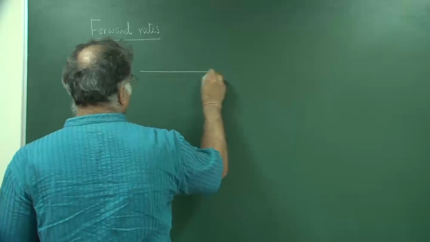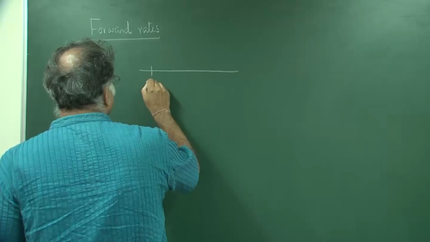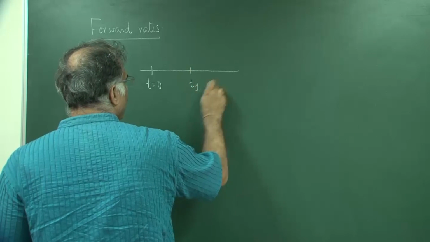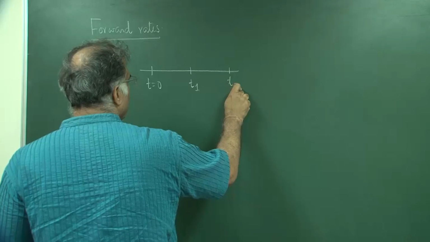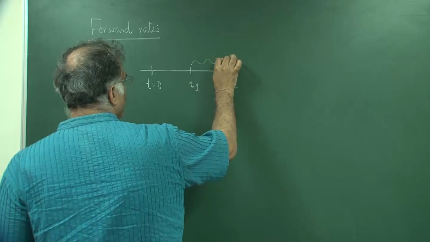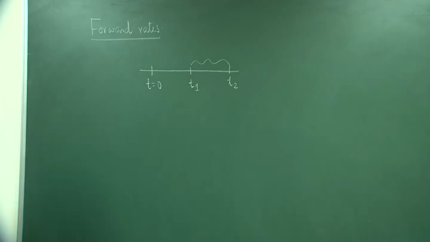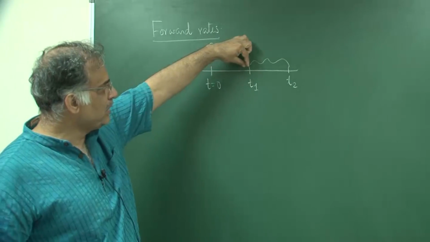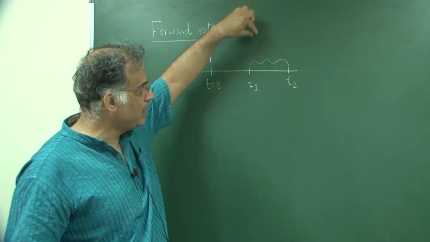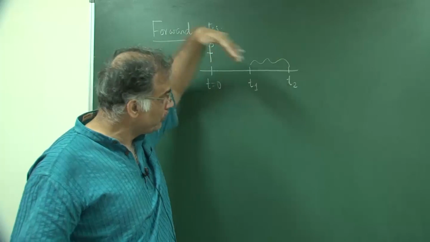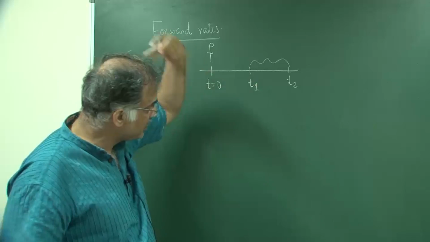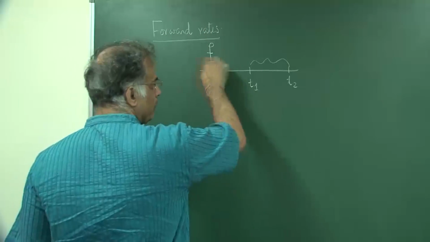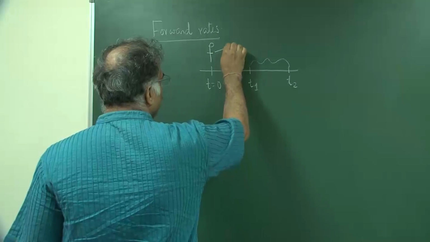So at time t equal to 0, I agree on an interest rate f that should hold during the period T1 to T2. Any money that you accumulate at T1, the interest rate levied on that capital between T1 and T2 will be f. This is what is called the forward rate.